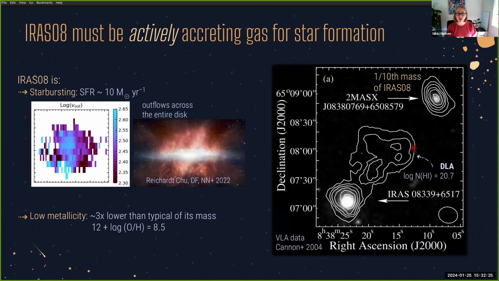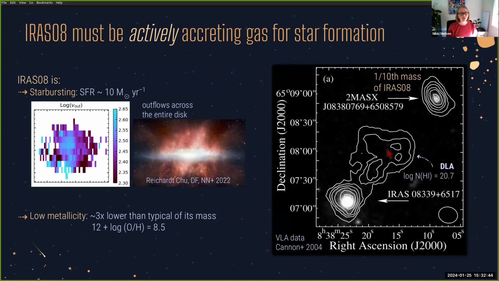This here is a plume of H1 going between IRS-08 and its companion, and it has quite a large column density. If you were to put a quasar sightline through this plume, it would be considered a damped Lyman alpha absorber, one of the strongest types of absorbers we know of.